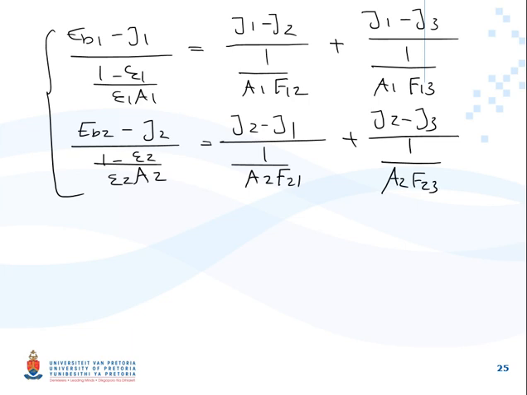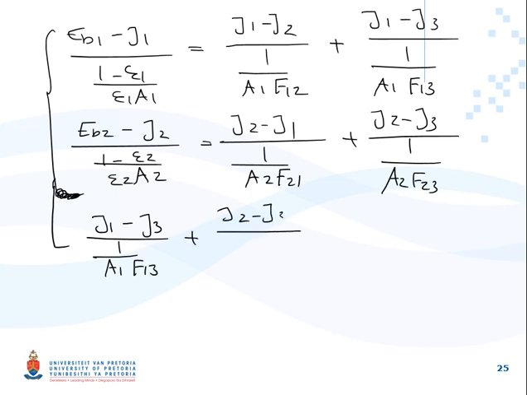And the third one, after removing that section, is J1 minus J3, 1 divided by A1 F13 plus J2 minus J3, 1 divided by A2 F23 is equal to 0.